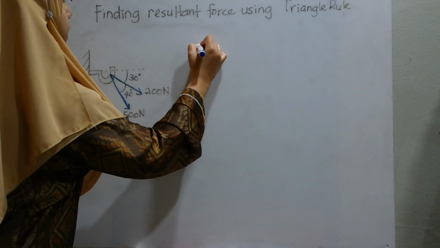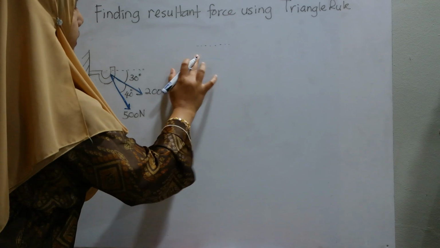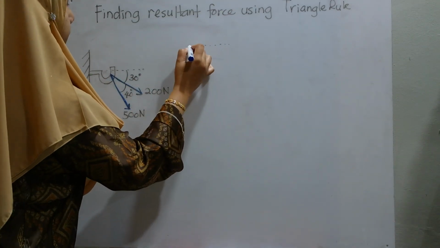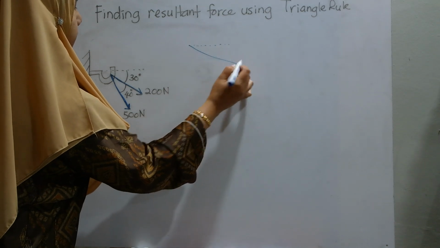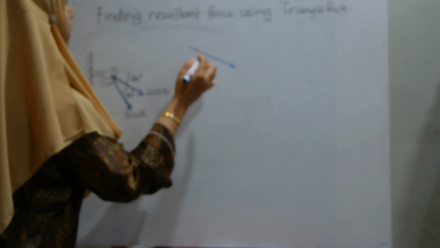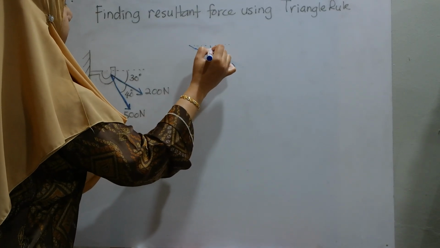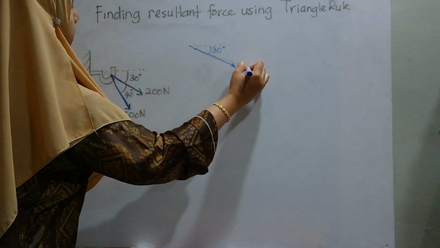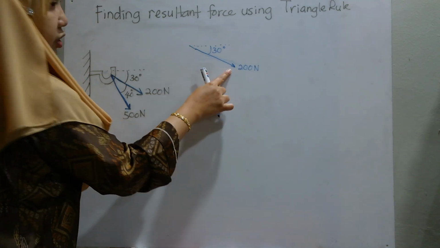This is my point, and this is my x-axis. I start with 30 degrees here: a 30 degree force with a magnitude of 200 Newton as my first force.